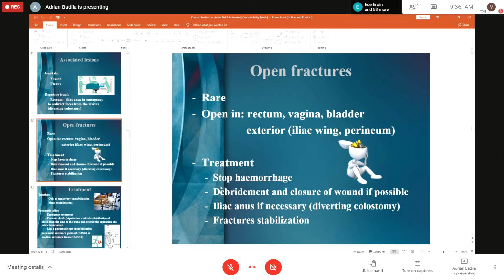The treatment means stop the hemorrhage, debridement and closure of the wound if possible, iliac anus if necessary, the diverting colostomy, and stabilization, fixation of the fractures.